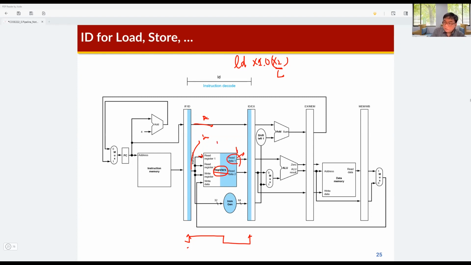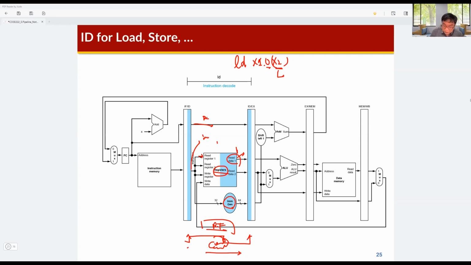Also, the load instruction requires immediate data. So the immediate data is generated by the immediate generator within 1 clock period. Okay, so the register file is accessed, and the immediate generator operates within 1 clock period.